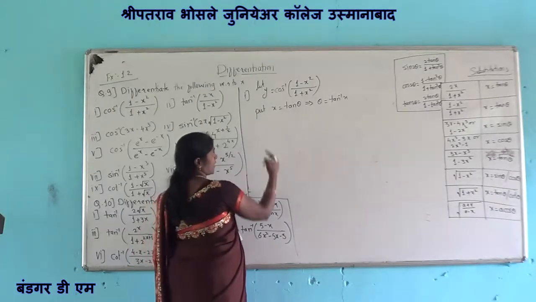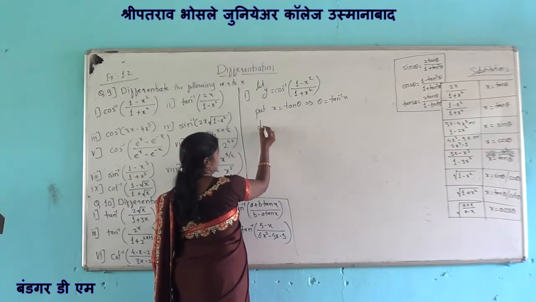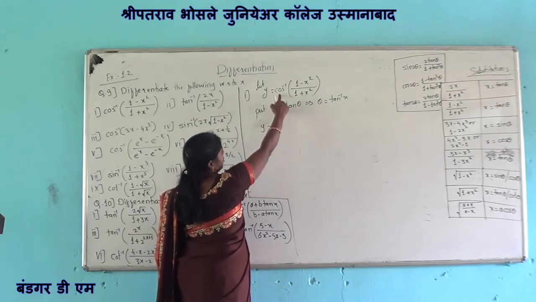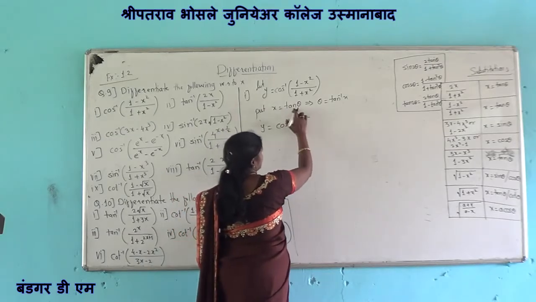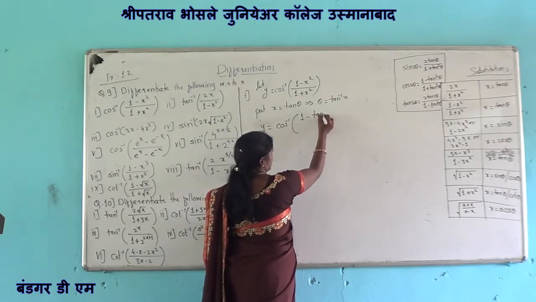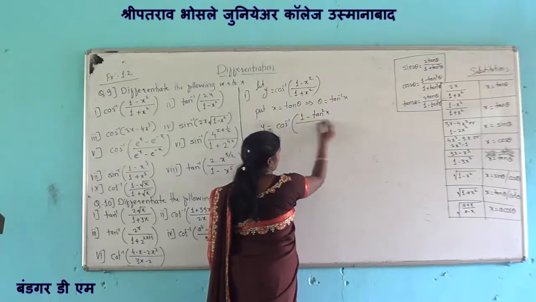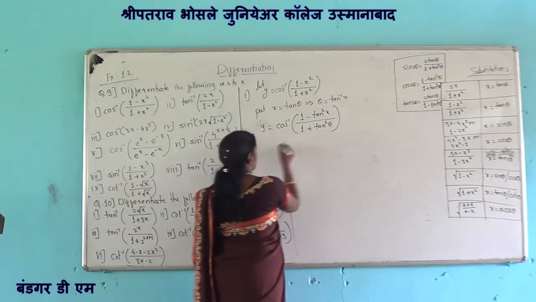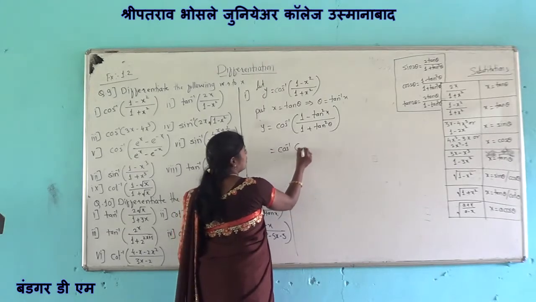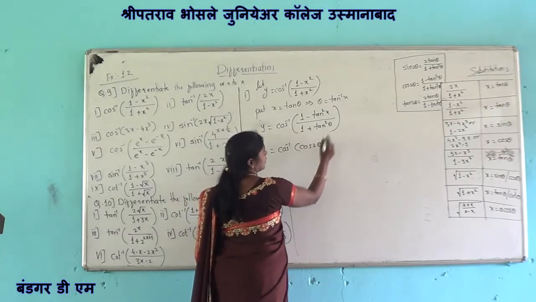We require dy by dx, y in terms of x. So, y is equal to cos inverse of 1 minus tan square theta upon 1 plus tan square theta, which is the formula for cos 2 theta.